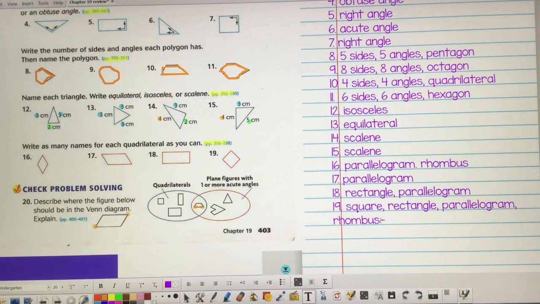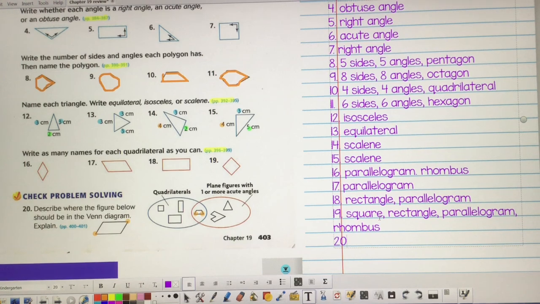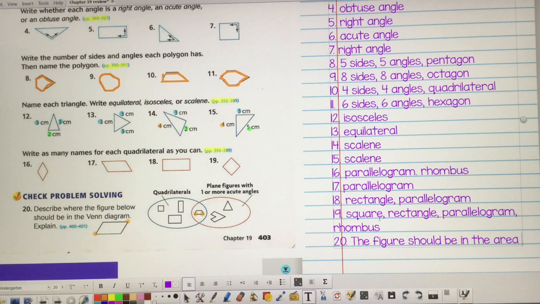So for number 20, oops, sorry, I went up one, my bad. The figure should be in the area where the sets overlap.